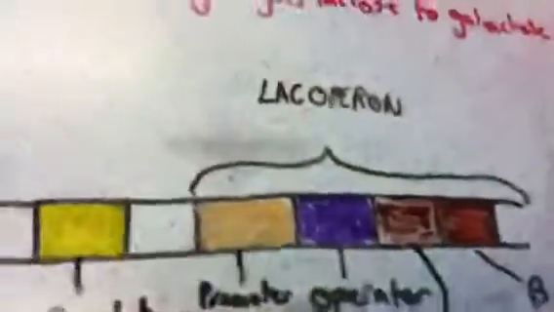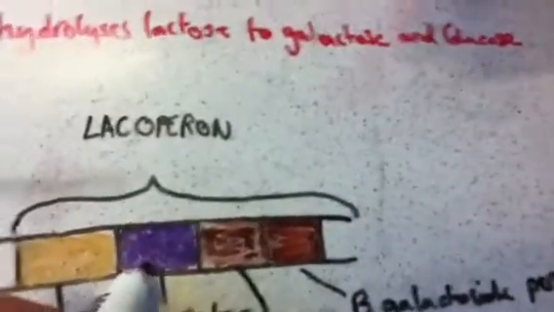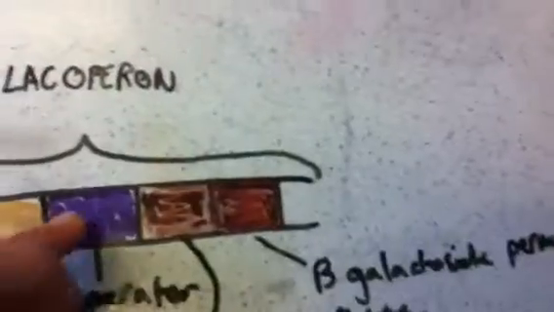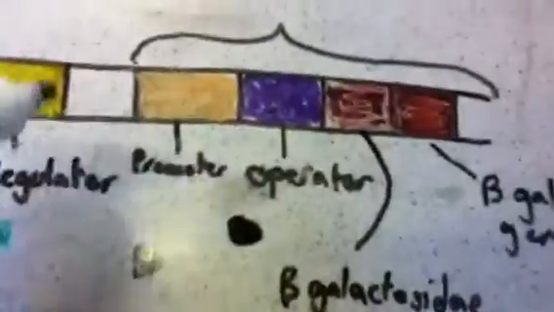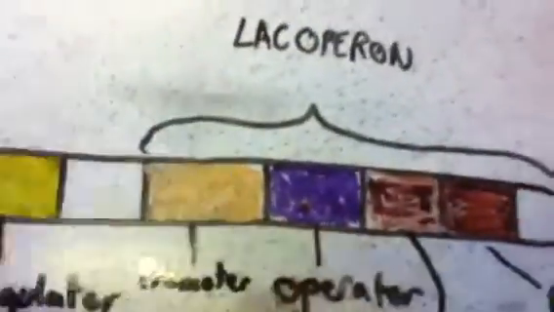Sorry, I'm left-handed. We have a molecule of lactose here. It comes along and binds to the repressor protein on the operator. So now the operator is freed. The repressor protein moves off the operator, and now the promoter's active site is open again.